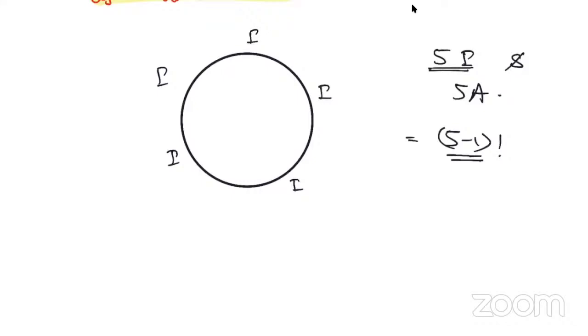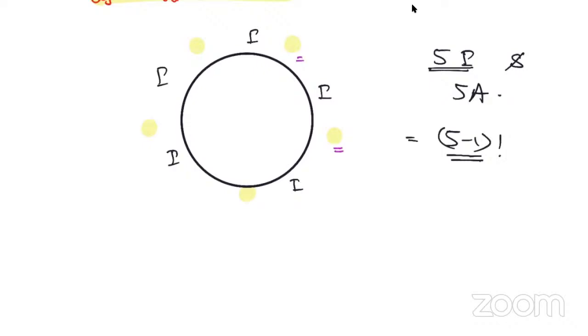Now we have positions 1, 2, 3, 4, 5, but first you have used this for the circle. So when we use the second, you have to be careful.